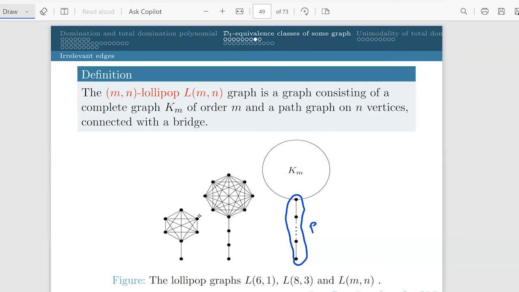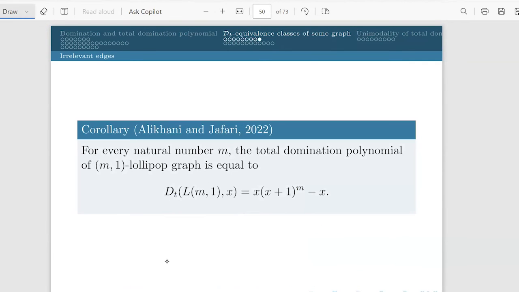This graph is a Pn, and we connect this end vertex of Pn to a vertex of Kn. So we have this lollipop, and again using the irrelevant edge, we can obtain this formula for L, m, and 1.